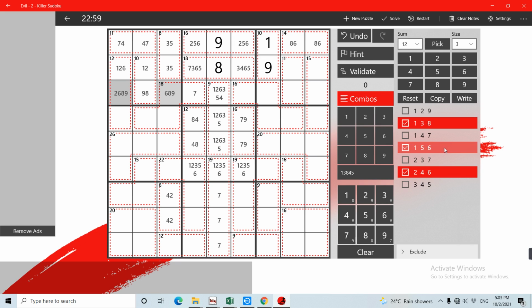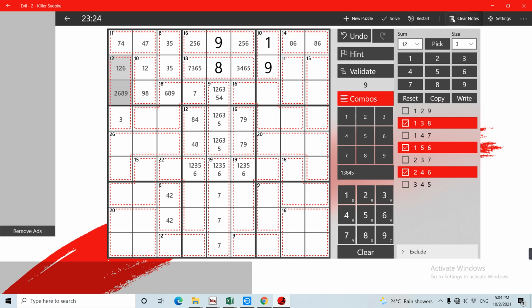Of these 3 combinations, if I need to enter a 1, it has to be here or here. If I want to enter a 3, no, actually, let's try to enter one by one these 3 combinations. I will enter a 3 here.